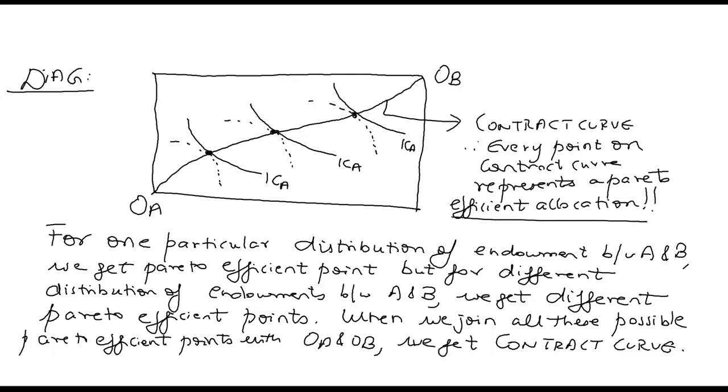I have just drawn 3, but all these points are eventually Pareto efficient allocations. Every particular point on the contract curve is a Pareto efficient allocation. And remember, you will get one Pareto efficient allocation for one possible distribution of endowments. आप endowments को A और B के बीच में जैसे जैसे आप change करते चले जाओगे distribution उनकी, you will keep on getting different Pareto efficient points.